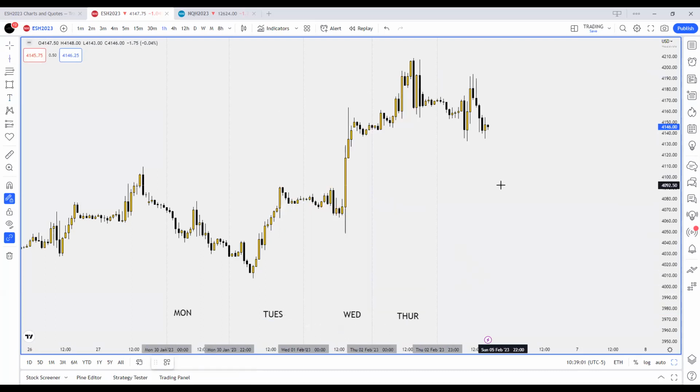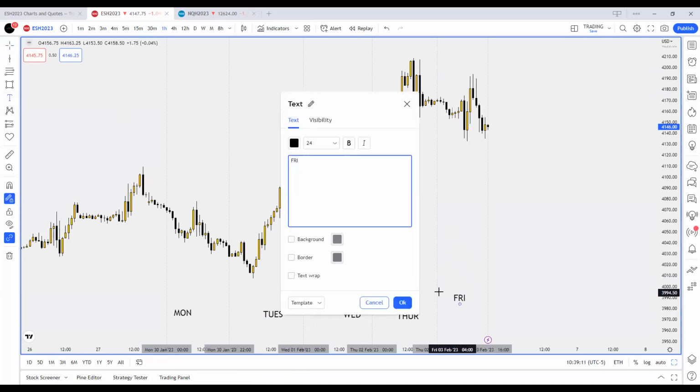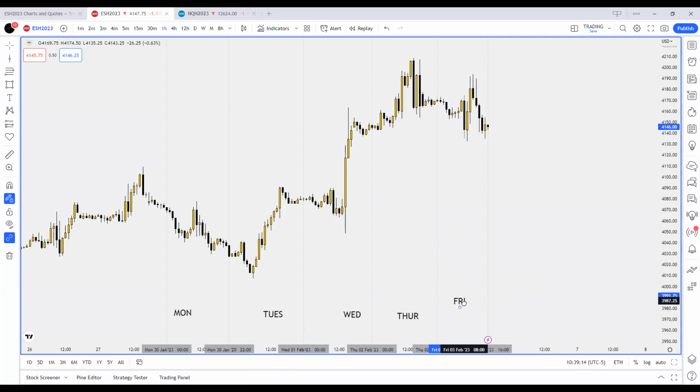Yeah, one more to Friday's close. All right, I'll make this nice and neat so at the end you guys can screenshot it if you want. So, no, it's not going to be picture perfect. All right, so you got Monday, Tuesday, Wednesday, Thursday, Friday.